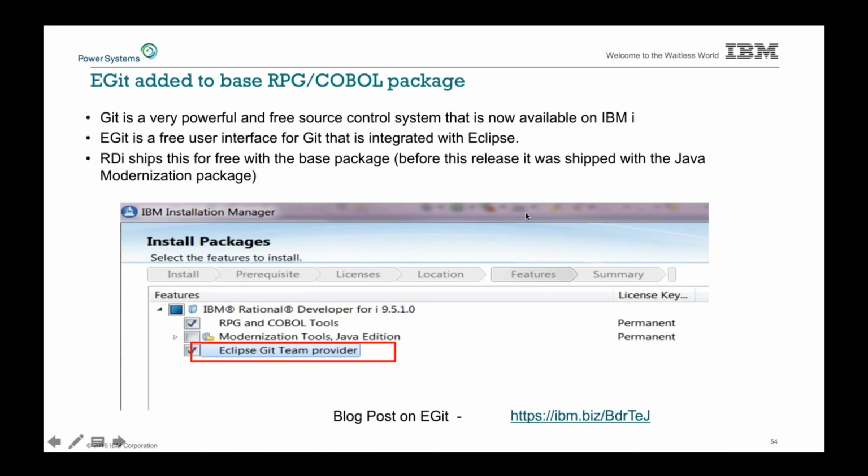One of the other things that we've added into RDI was the eGit plugin. So you can connect RDI very easily with a Git repository. We just talked about the GitHub stuff with our open source support that was on a previous slide.